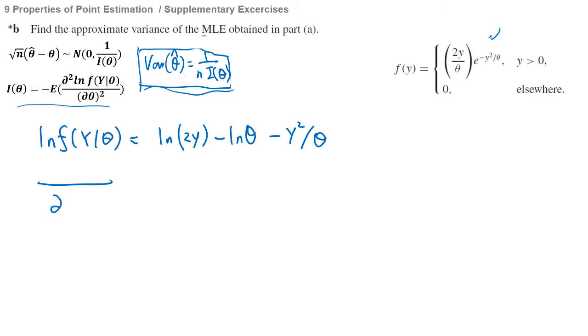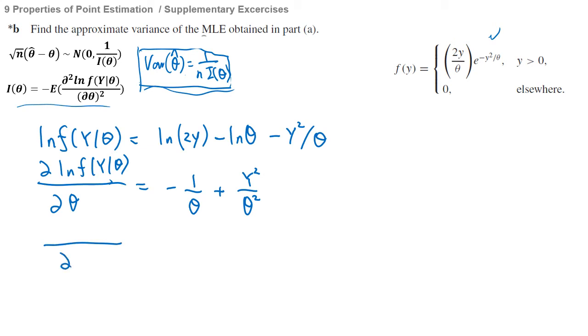Now we get the first derivative with respect to zeta of ln f(y given zeta), and this is minus 1 over zeta plus y squared over zeta squared, and we take one more derivative.